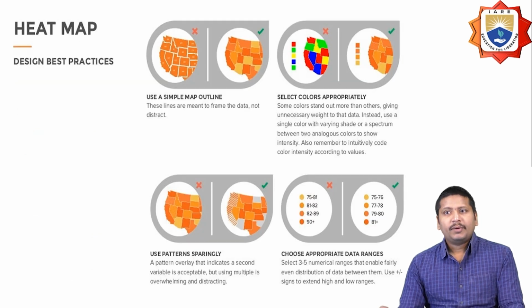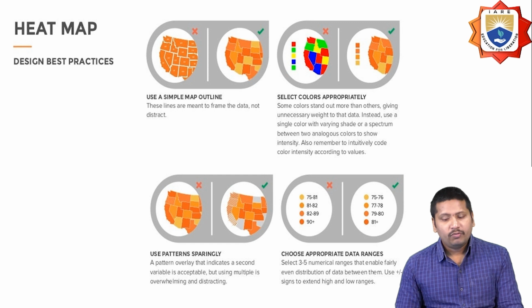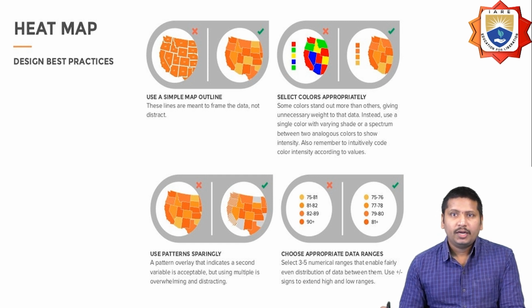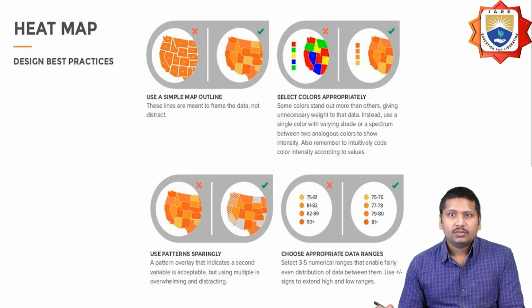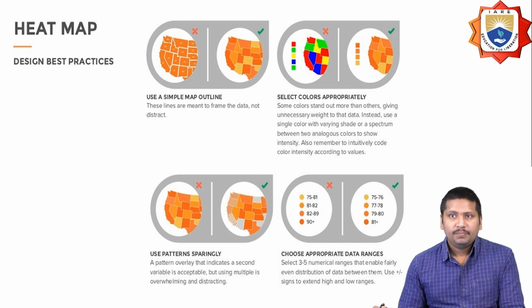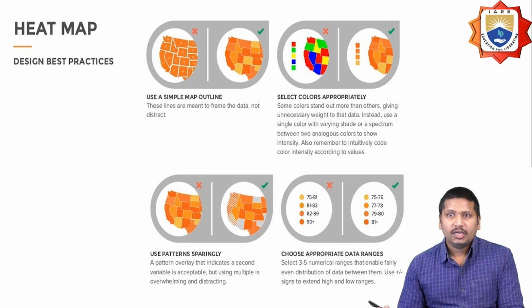So what are the design practices you have to follow for a heat map? Use a single map outline. These lines are meant to frame the data, not distract from it. And select the colors appropriately. Some colors stand out more than others, giving unnecessary weight to the data.